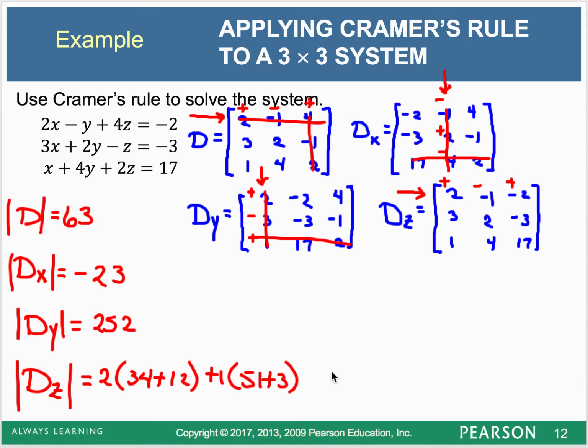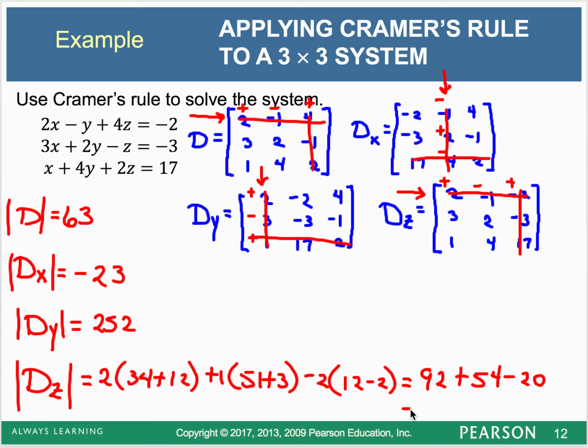Okay, minus 2, 12 minus 2. So we have 34 plus 12, so 46 times 2, 92, plus 54, minus 20.